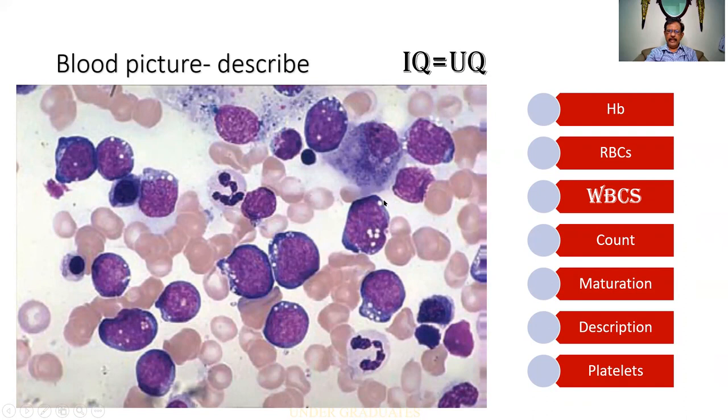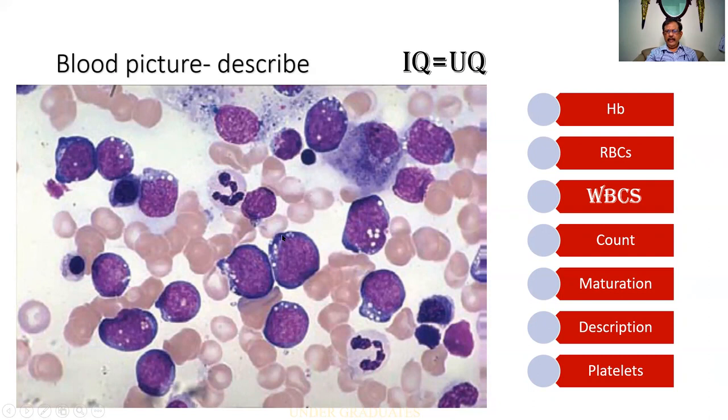And when I describe the cells, I find that many of the cells are immature. Describe each of the cells as I had told you in the previous slide. The blasts are large, 3 to 4 times or even larger than the RBCs. The nucleus is large. There is an increase of the nuclear cytoplasmic ratio, and the cytoplasm is also abundant.